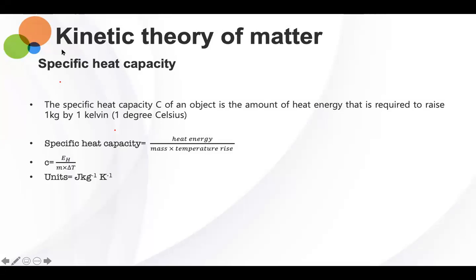Times mass, sir. Right, so mass is involved in specific heat capacity.